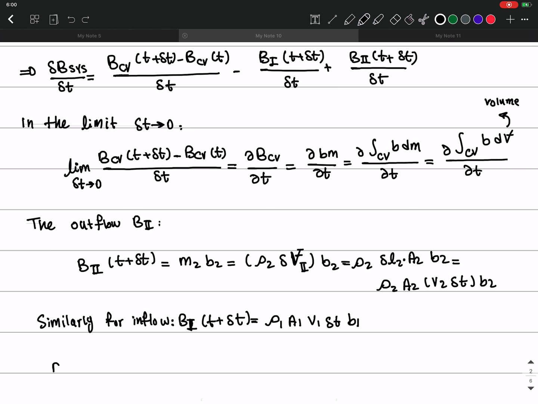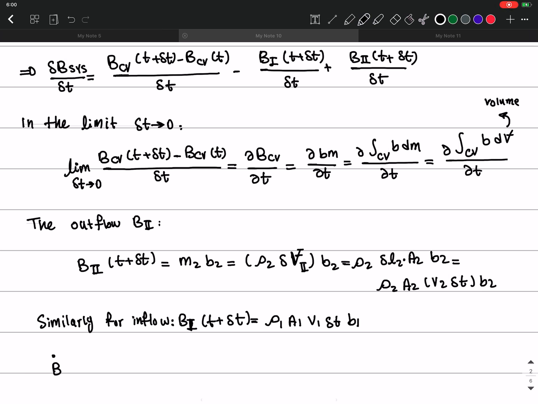I just write this delta B over delta t as delta t goes to 0 is nothing other than the derivative of B with respect to time, so I show it with B dot.